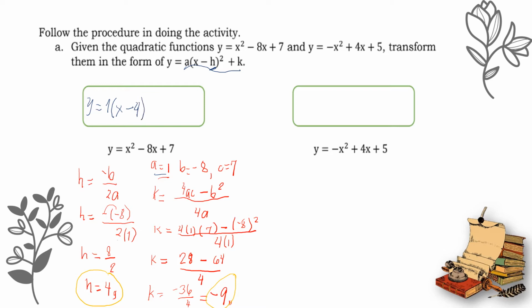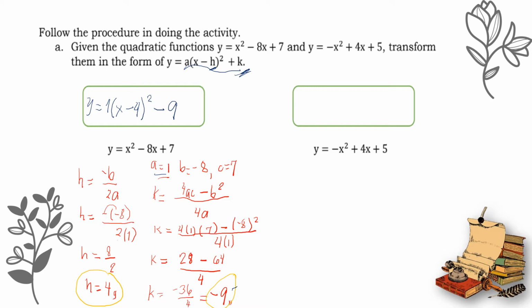Huwag pong kalimutan ang squared plus. Since ang k po natin ay plus k sa formula, at ang nakuha po natin ay negative 9, so ibig sabihin, minus 9. So, if we convert, let's proceed sa second equation.